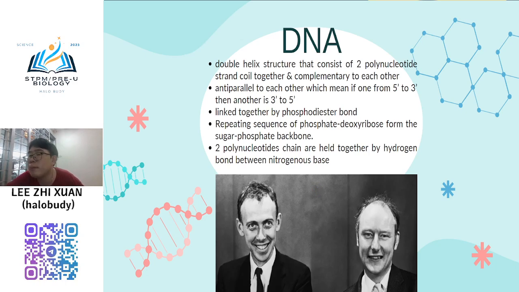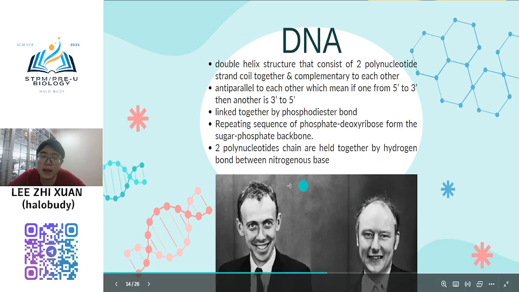Before that, we only knew about nucleic acid, but we did not know the structure of DNA and also RNA. But DNA is more important because DNA carries all the genetic information. So DNA is more important compared to RNA in research.